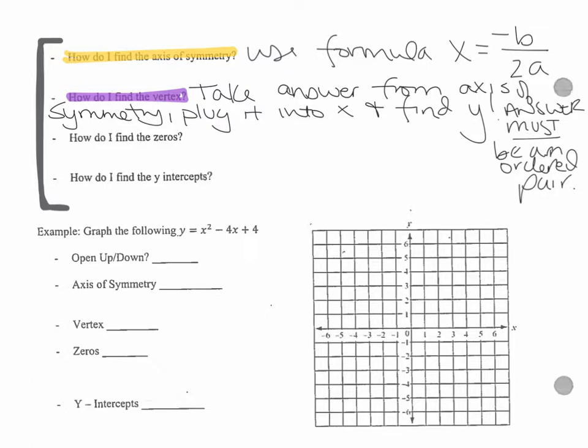All right, next one. How do I find zeros? Let's hope I don't have to bash my head into any walls today. Zeros mean the same thing as x-intercepts. How do I find x-intercepts? Plug 0 into y. And then I'm going to solve. How?